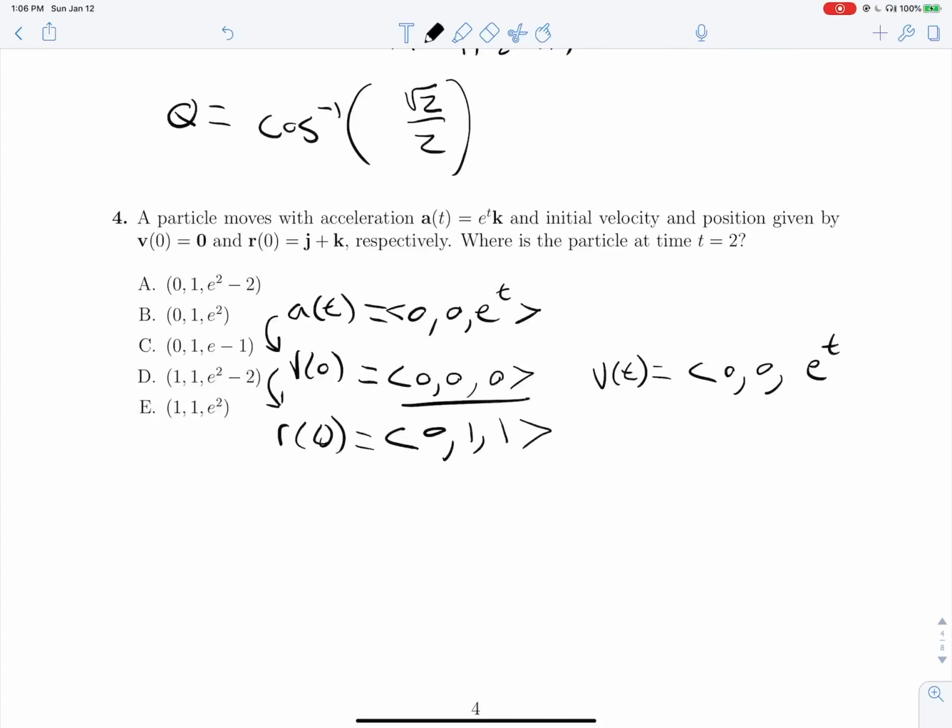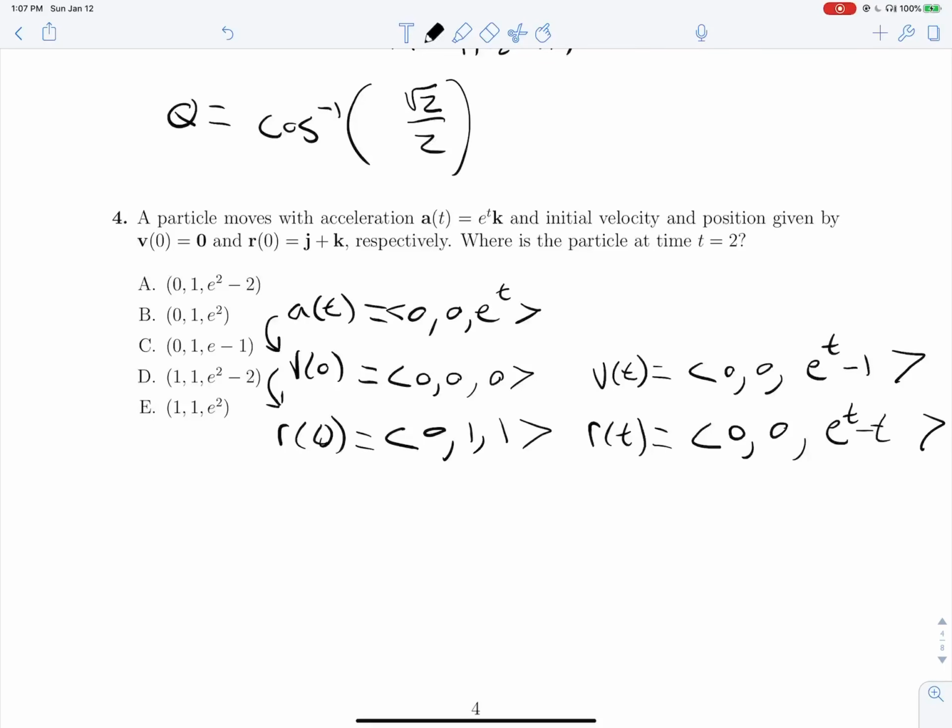When we plug in t equals 0, we're going to get 0, 0, 1. And so we need to subtract 1 here. And now we have our actual v of t. And then finally, r of t is going to be 0, 0, e to the t minus t.